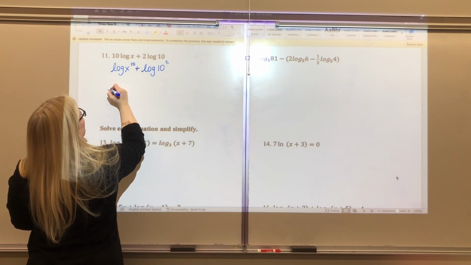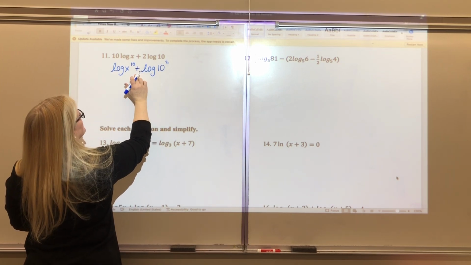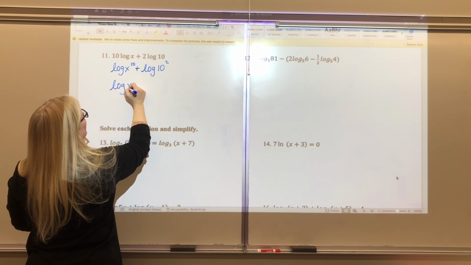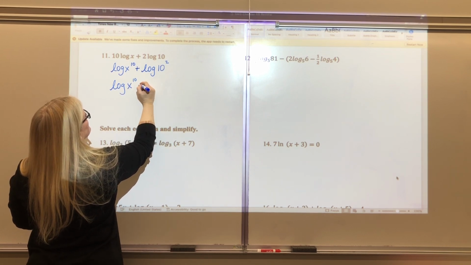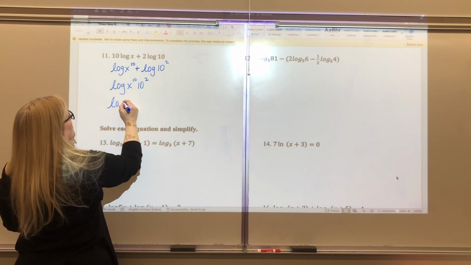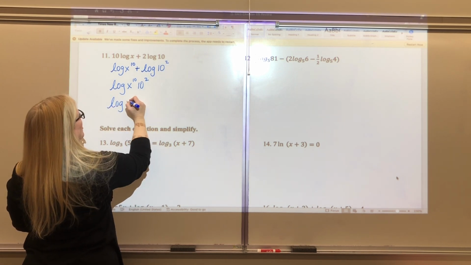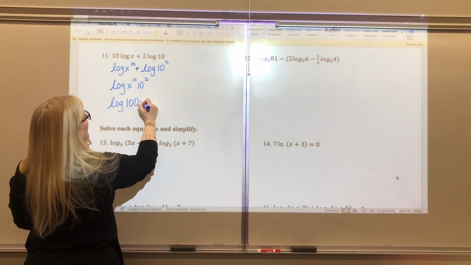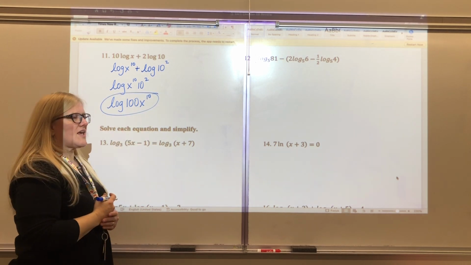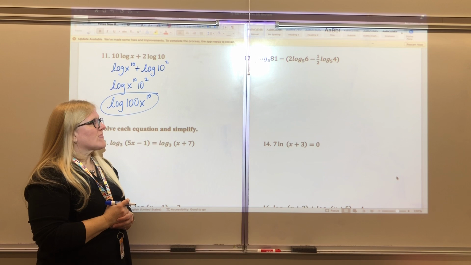So now I have, since this is being added, I multiply. So log x to the 10th times 10 squared, or in a better order here, we have log 100x to the 10th. And that's the answer.